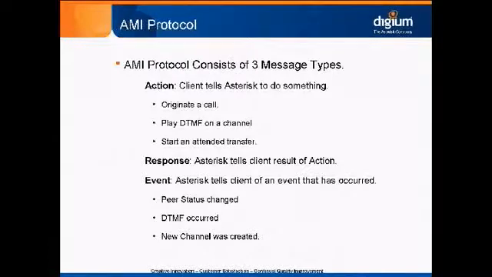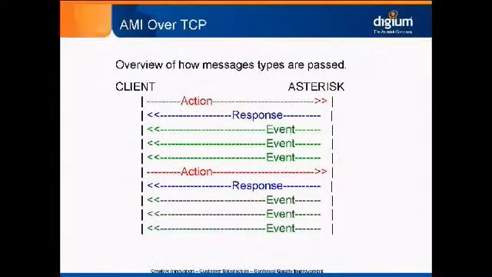So a common message flow of an AMI client with an Asterisk box will look something like this, where the client just sends out action commands, immediately gets a response, and if they have permission to read events, they're going to be receiving events.